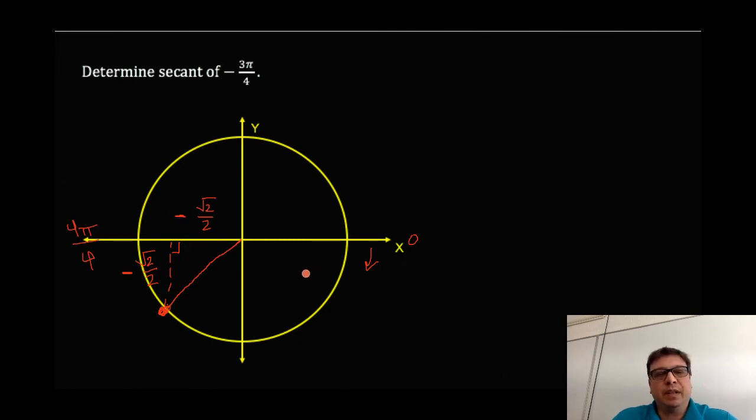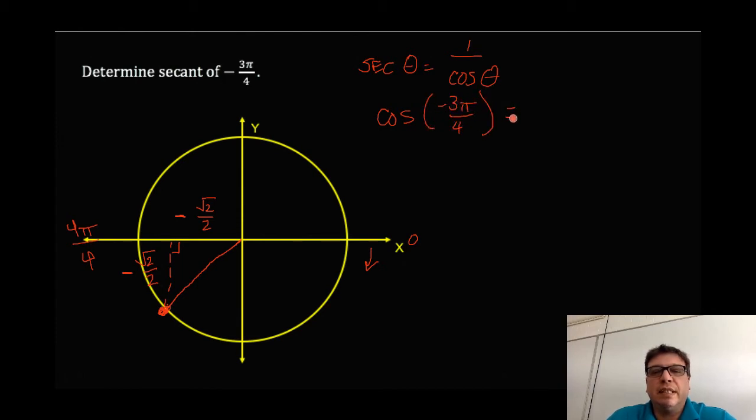Okay, so now secant. Well, secant of some angle is equal to the reciprocal of the cosine. So cosine of, in this case, negative 3 pi divided by 4 is equal to, based on the quadrant, let's see. Cosine is the adjacent side.